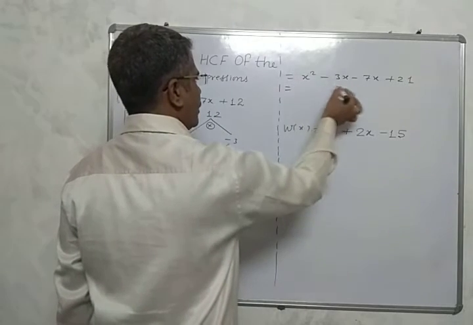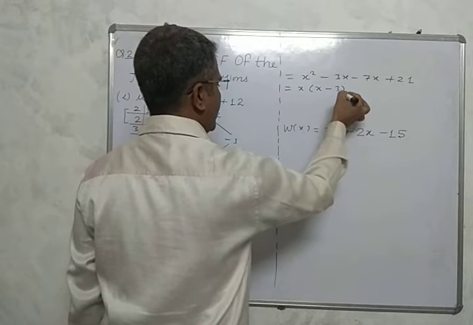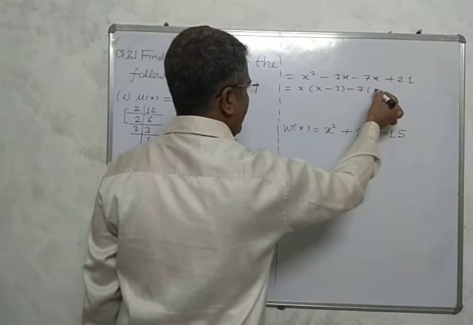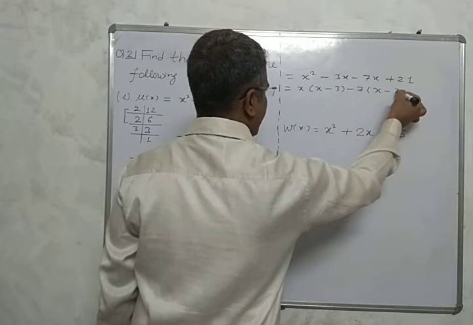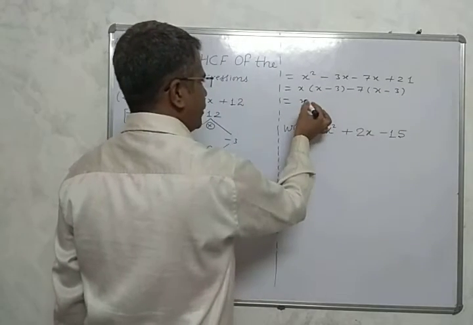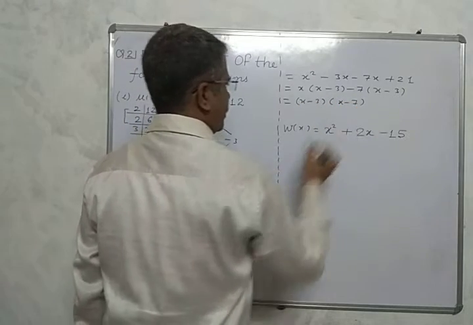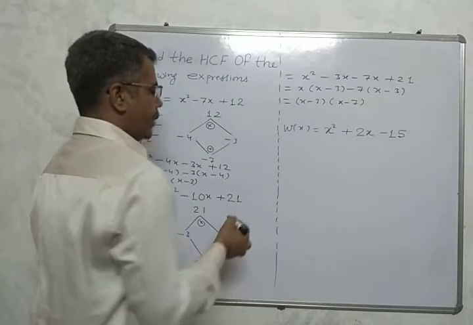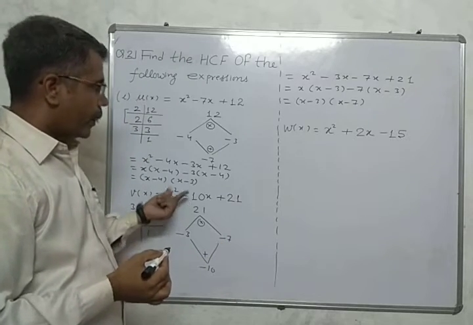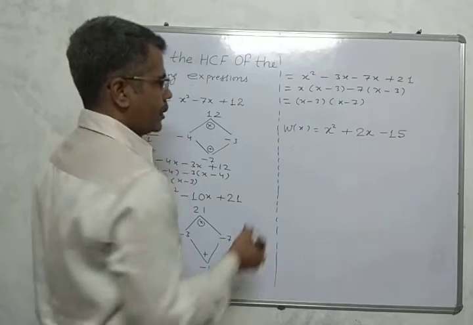We take x common from the first two terms, we have x minus 3, and -7 common from the last two terms, we have x minus 3. Again taking the whole common, x minus 3, x minus 7 as it is. So the factors of the given v(x) algebraic expression are x minus 3 and x minus 7.